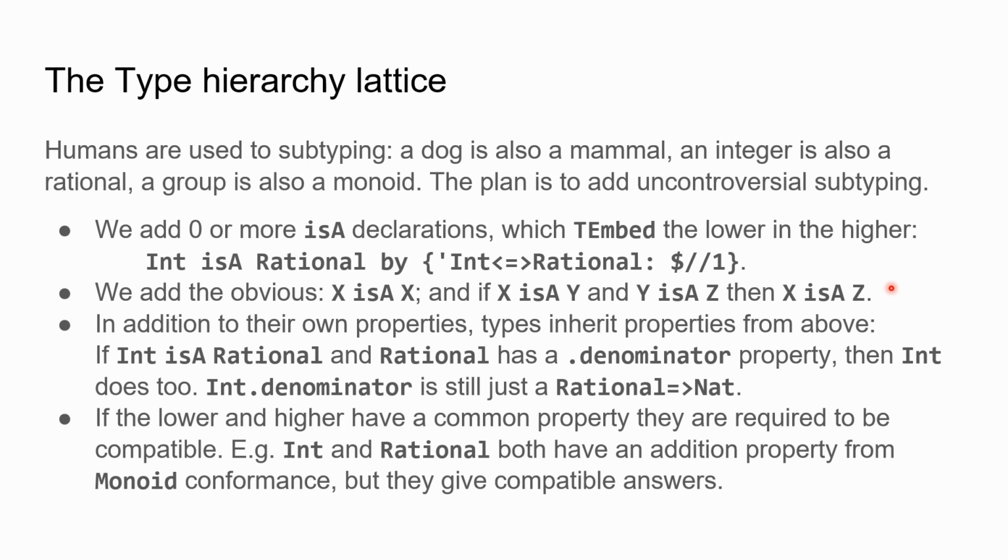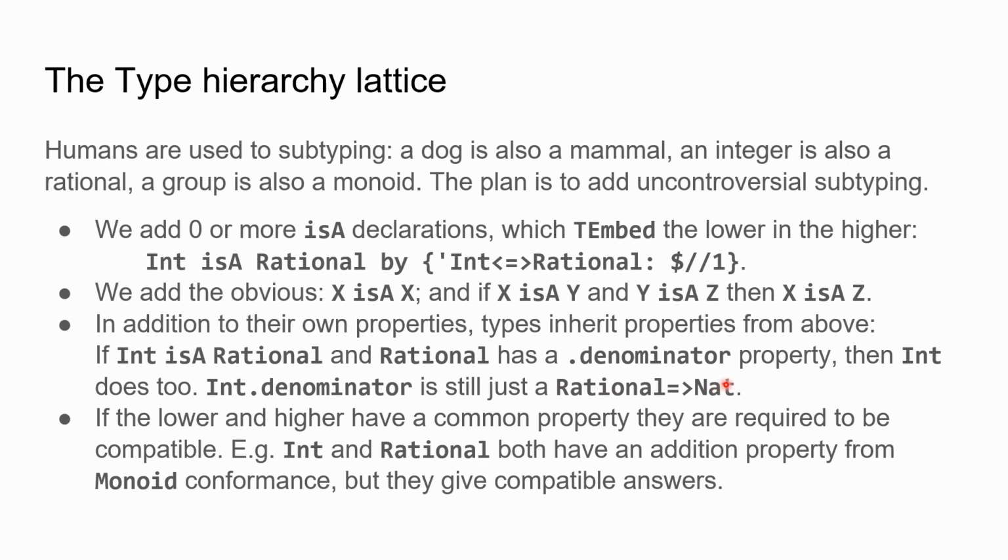So we do the transitive closure of all our is-a declarations, and then we end up with a partial order. What makes all this work is that, in addition to their own properties and their own behavior, types inherit properties from above. So ints are rational, and rational has a dot denominator property. Then int does too: int dot denominator, but it is still just a rational, goes to nat. It doesn't have to.